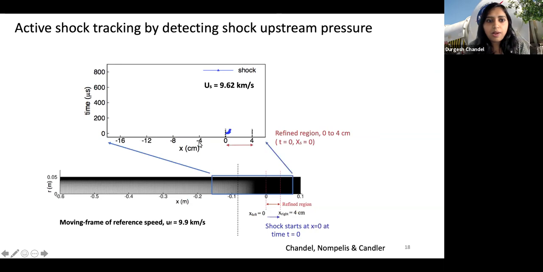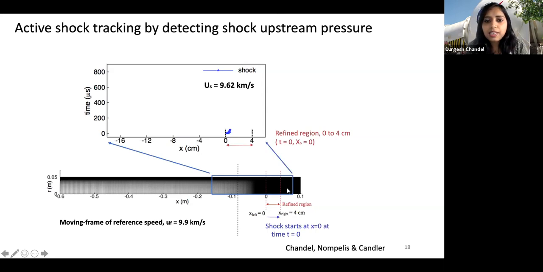Now on this plot, I show the tracking of the shock. Basically we apply a pressure sensor in this whole computational domain. We know the upstream pressure of the shock, upstream pressure in the test gas, sorry.